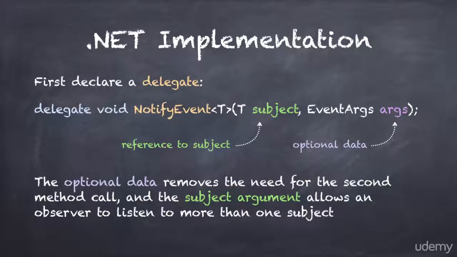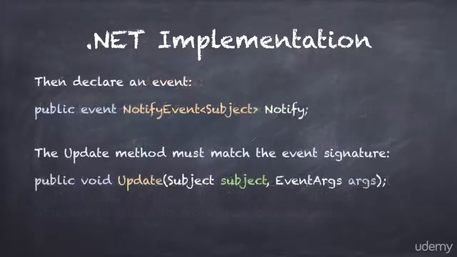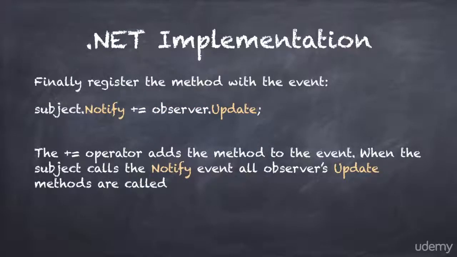Okay, the next thing you need to do is declare an event, like this. To make this work, the update method needs to match this signature exactly, like this. So now each observer can register its update method with the subject, like this.